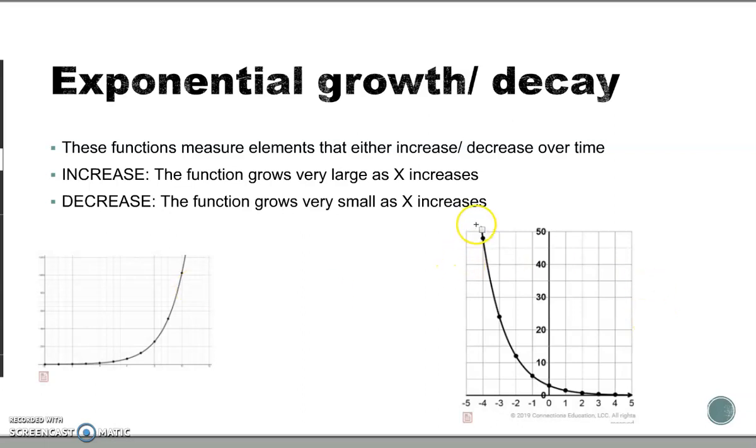A decrease or decay is when, as you're moving across the x-axis, as the x values get larger and larger, the y values of the function decrease. Okay, so the first one here is an exponential growth function, and the second one here is decay.